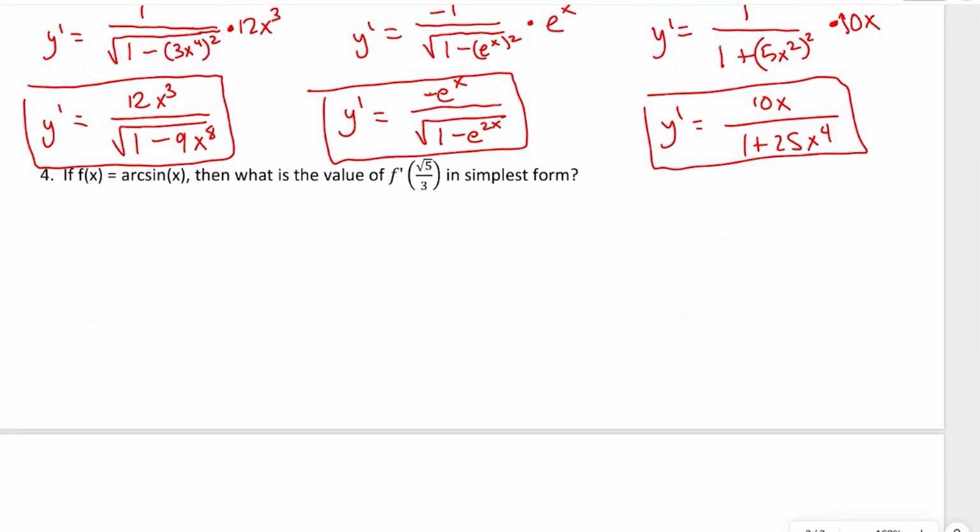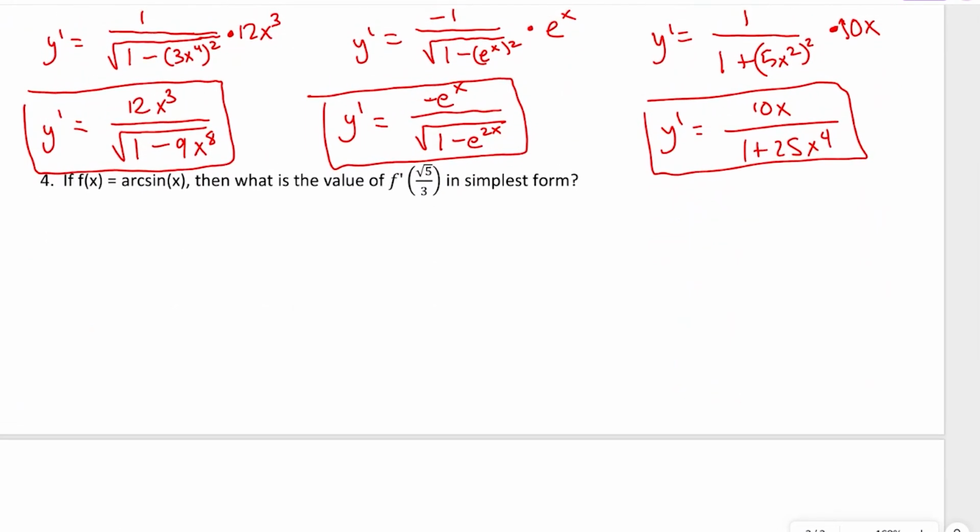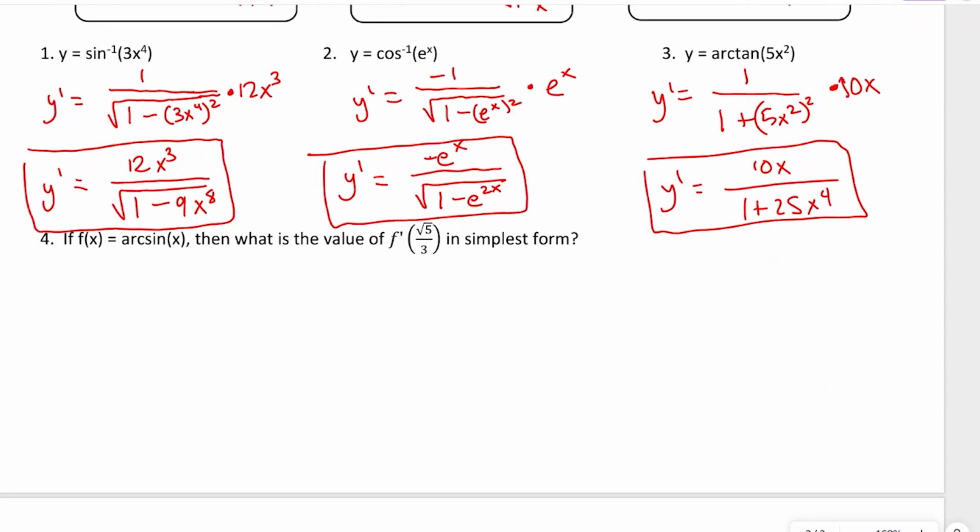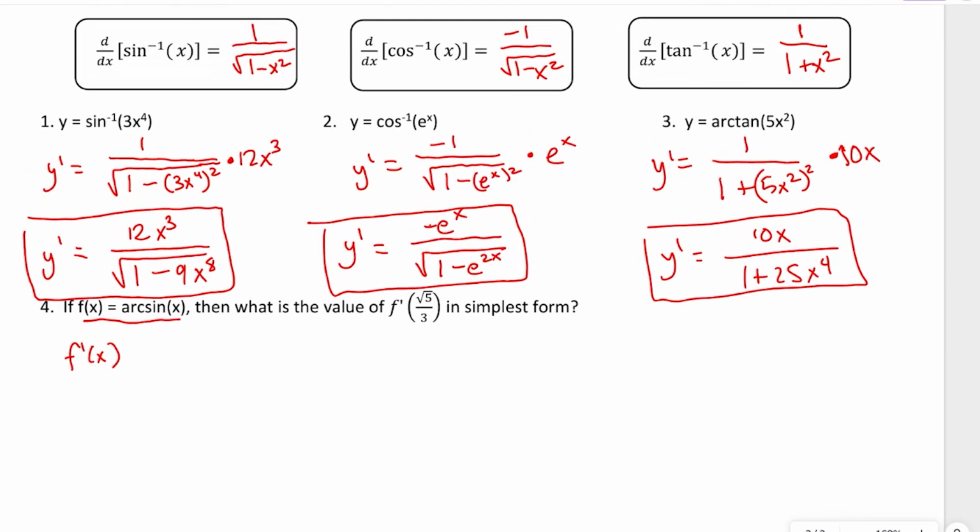It says if f is arcsine, then what is the value of f prime of root 5 over 3 in simplest form? Okay, so if this is f, then we know f prime is our arcsine derivative, which I'll pull up here so you can see it. It's going to be 1 over the square root of 1 minus x squared.